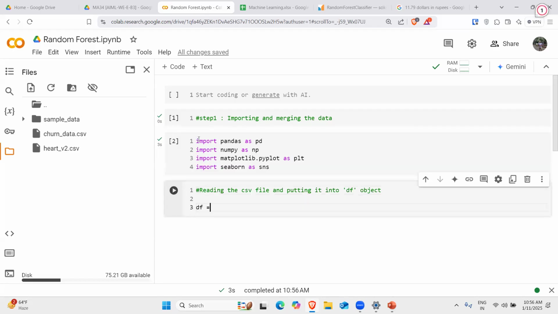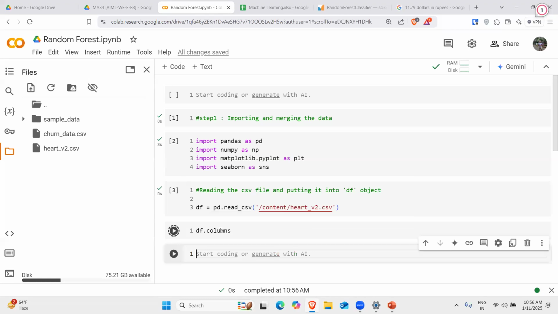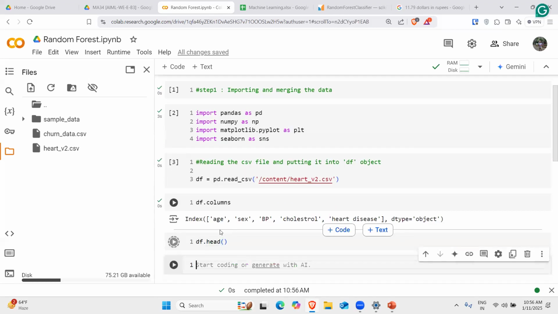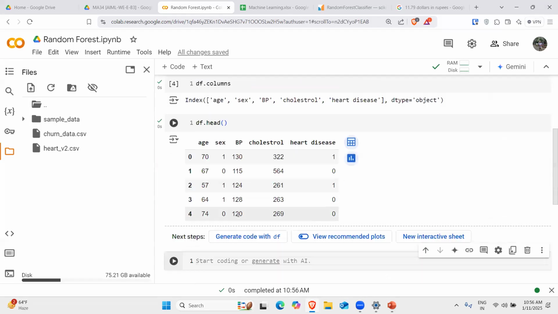So df equals pd.read_csv of the heart file; I can copy this path and paste it over here. As this is random forest, we will not perform outlier treatment and such things. We'll directly put our variables into X and y.